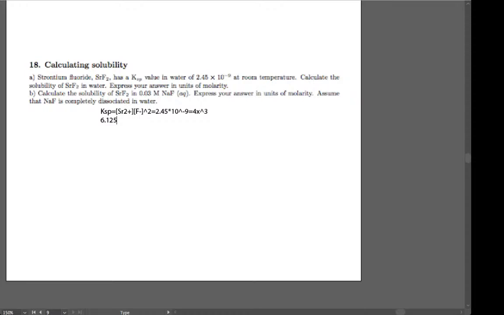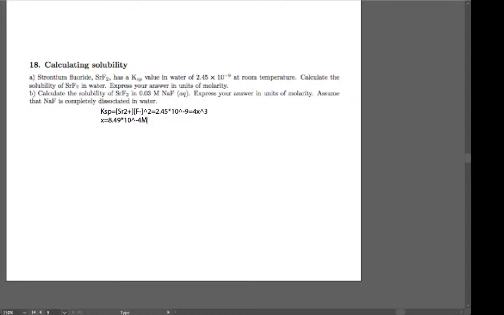So the x would equal 8.49 times 10 to the power of negative 4. I believe that's the answer, that many molars. The x is basically the salt, and 8.49 times 10 to the power of negative 4 is the answer.